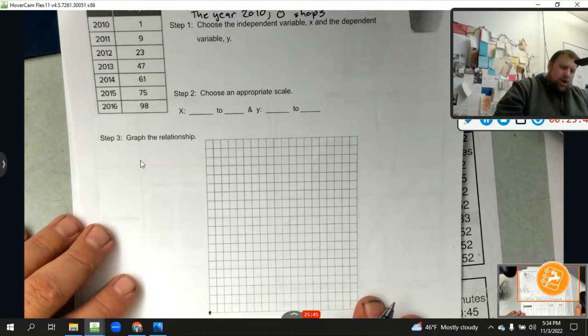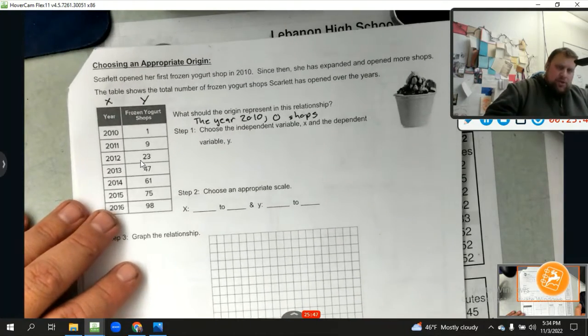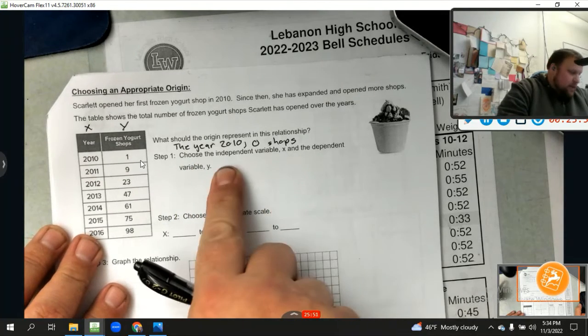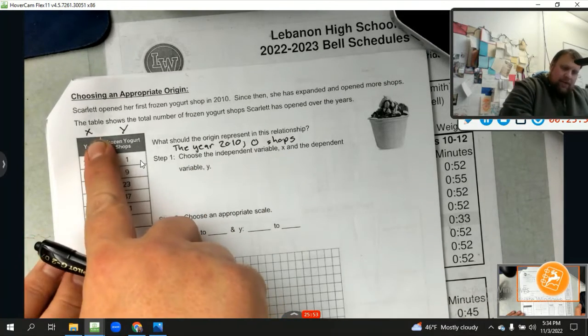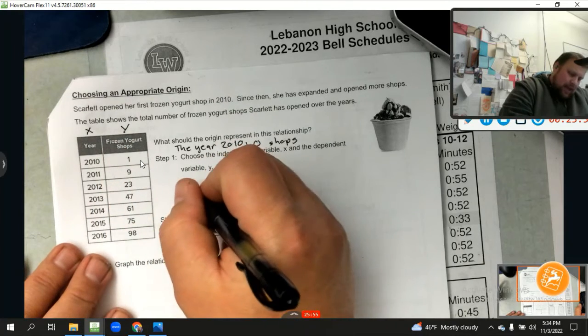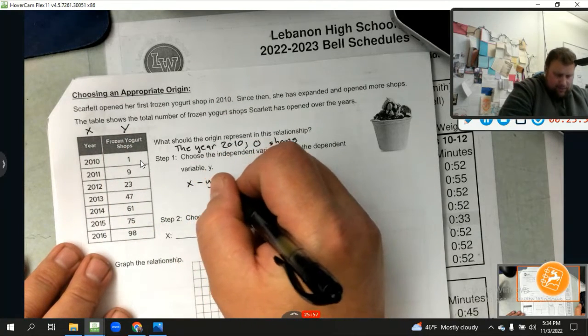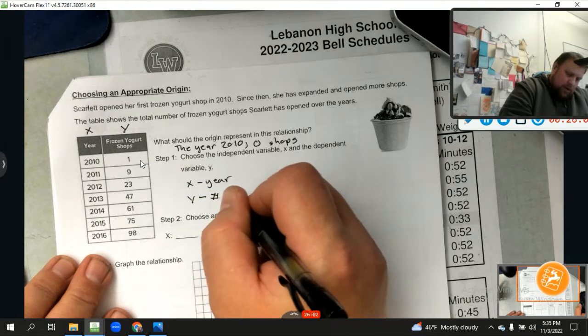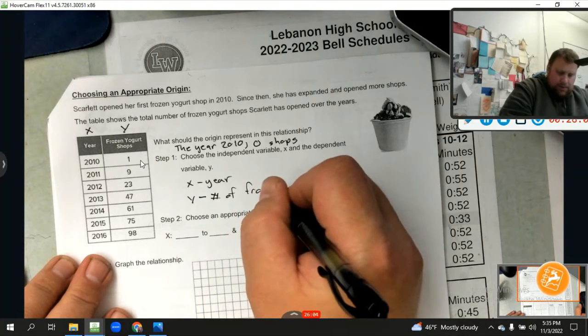So now let's look at our minimum and maximums. We need to choose an appropriate scale. Or actually, step 1, choose the independent variable x and the dependent variable y. We already kind of foreshadowed that. X is the year, and y is the number of frozen yogurt shops.